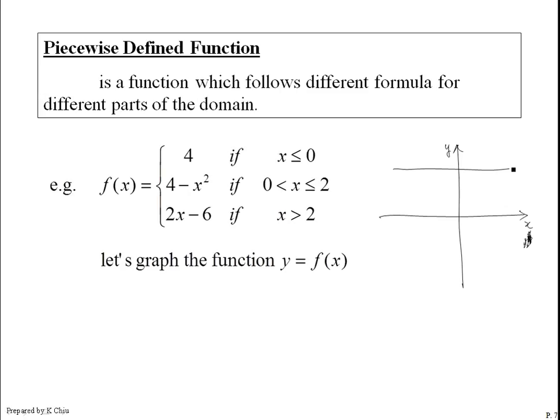The next one, y equals 4 minus x squared. Y equals x squared, that's a parabola. Y equals negative x squared, so we flip it upside down. Plus 4, everything will be raised up 4 units. So it turns out we have another one going this way. This is 4, right?